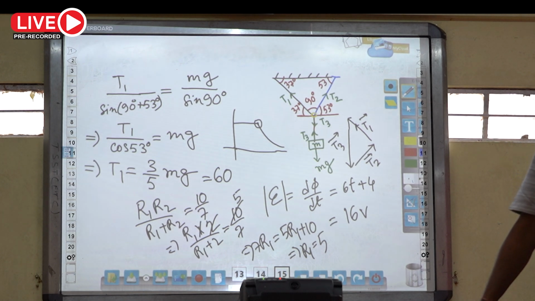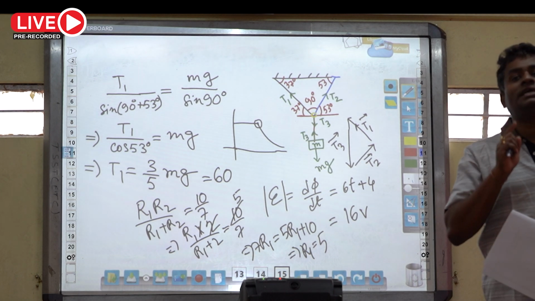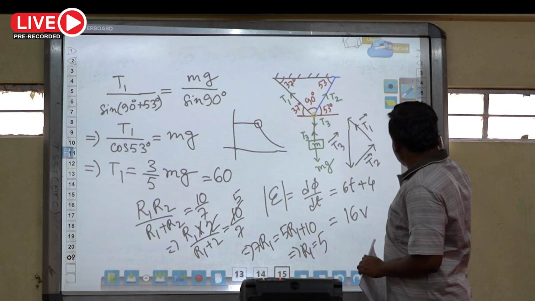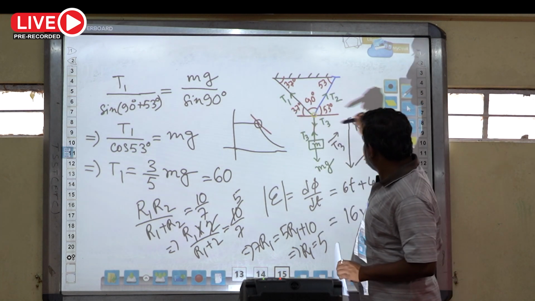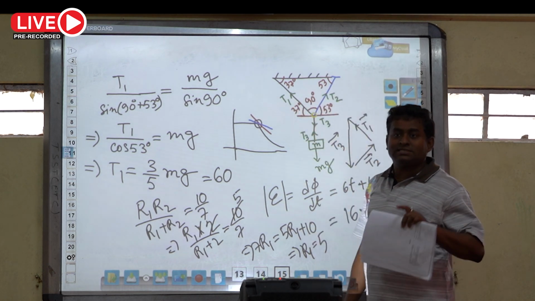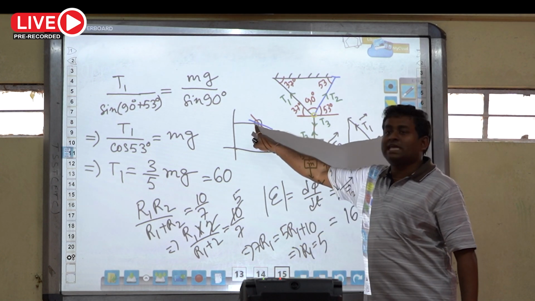Differentiation means a tangent you can draw at that point, and that should be a unique tangent. Now if this point arises, how many tangents you can draw? Someone says this one is a tangent, someone says no, this one is a tangent. Tangent means a line which touches the curve at only one point. So this is a kink point.